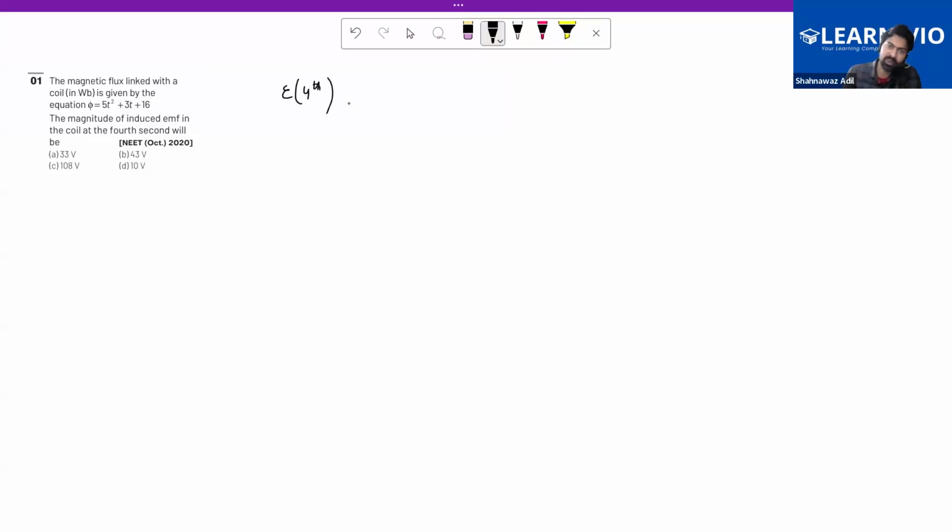And we know that what is the induced EMF? The induced EMF is minus d phi by dt, right? So we can calculate this induced EMF, and what would be that? This would be minus of d by dt of this whole thing. So this is the induced EMF, right?